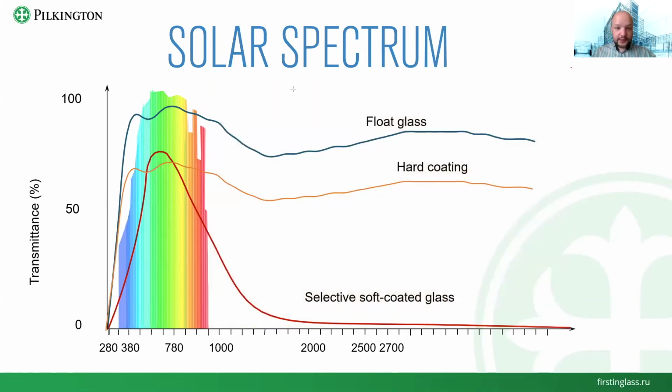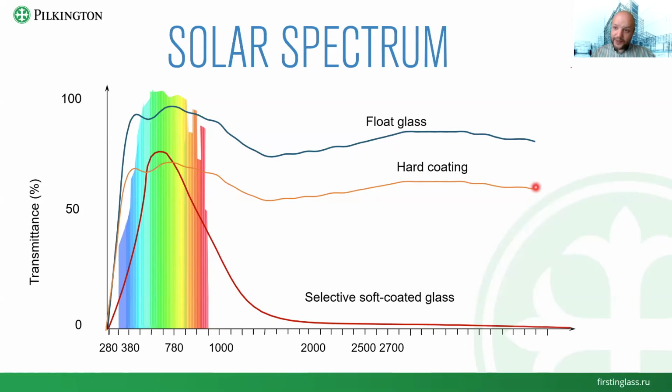And now let's watch how the glass behaves. Float glass has a high transmittance in the visible spectrum, but it also doesn't stop solar heat from coming in. If we apply just a pyrolytic coating, we may get less visible light, but also less heat. Does it give us solar protection?